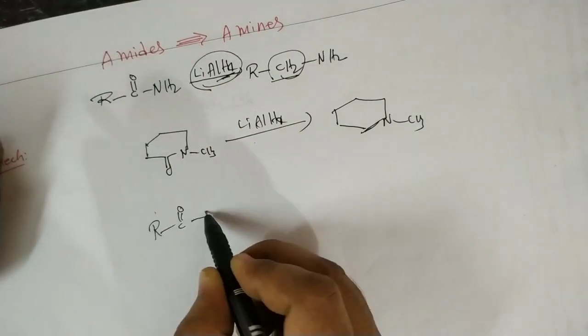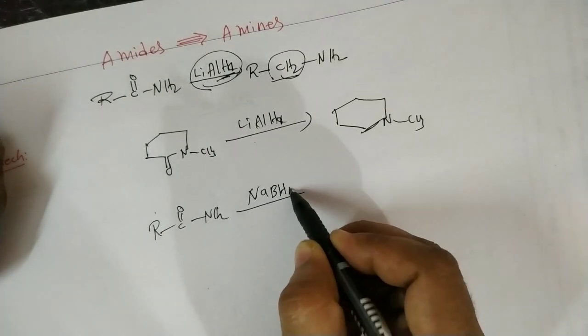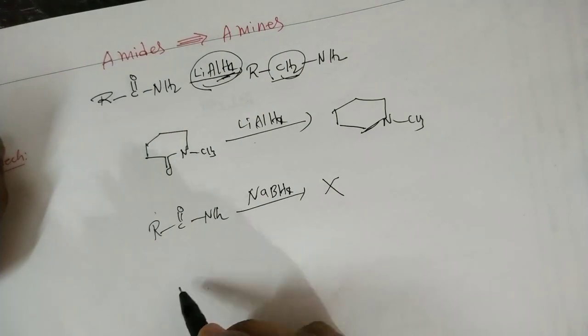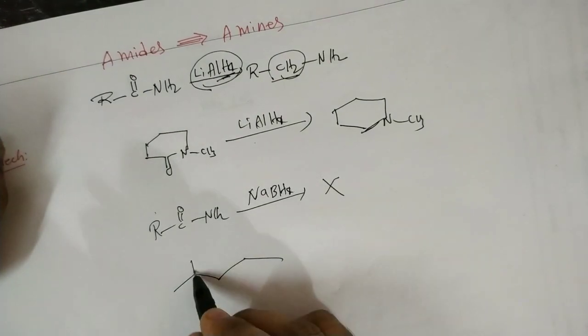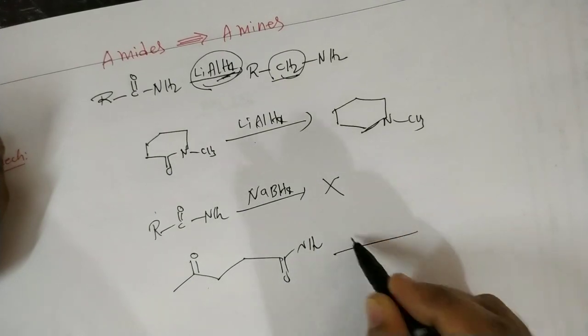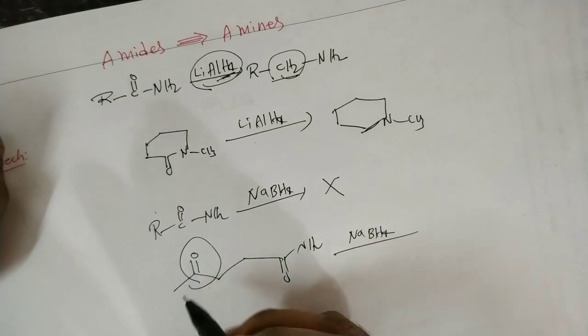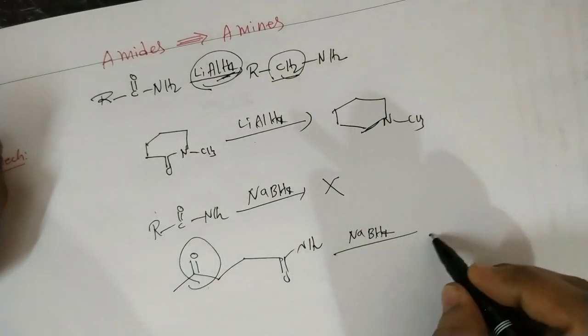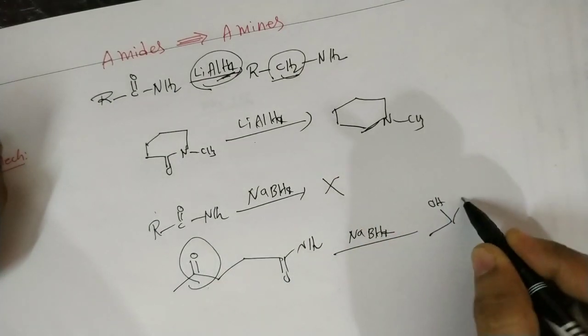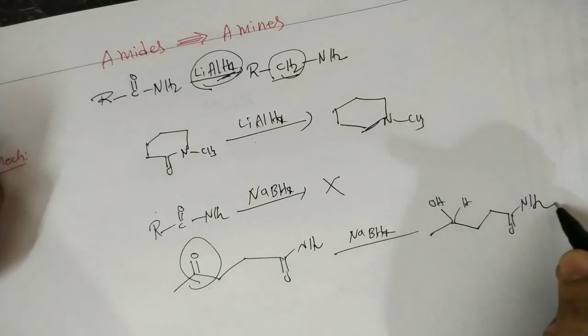Amides are not reduced by sodium borohydride, NaBH4. For example, if there is a ketone functional group and an amide functional group, then by reacting with sodium borohydride only the ketone is reduced, not the amide. That means we can say it is a chemoselective reaction.